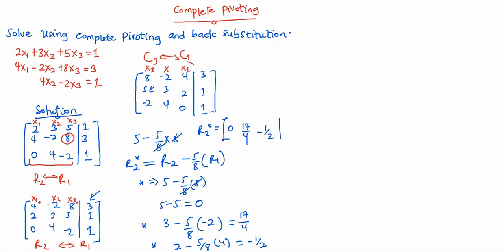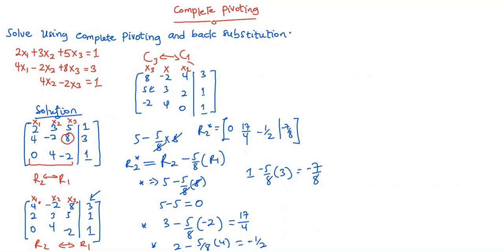And then now let's look at the right hand side. For the right hand side, we're going to have 1 minus 5 on 8 multiplying 3. So this will give us a value of minus 7 on 8. So we're going to have minus 7 on 8 here.